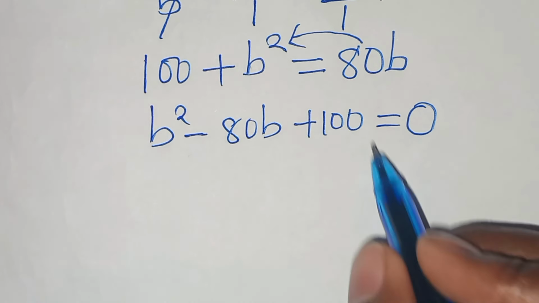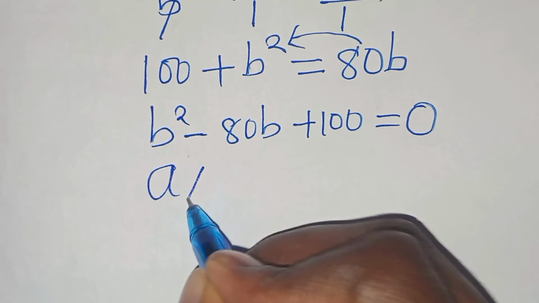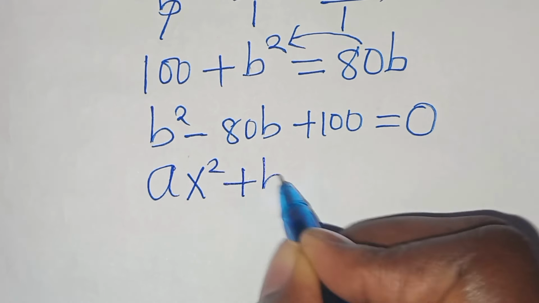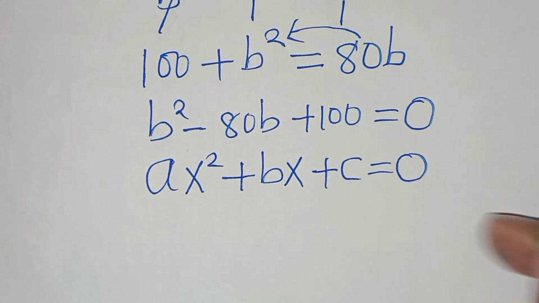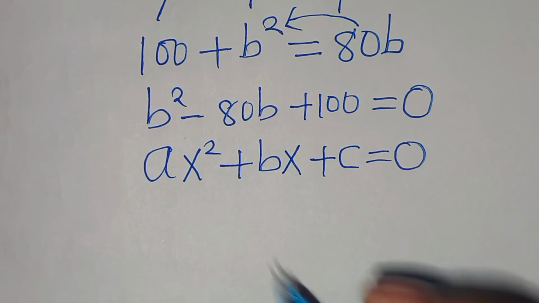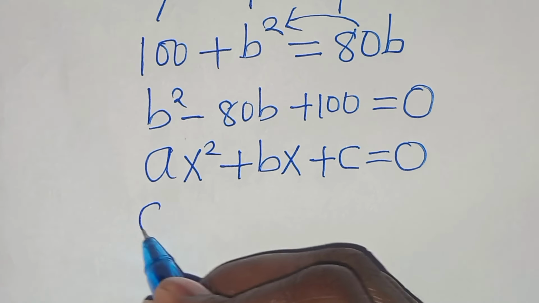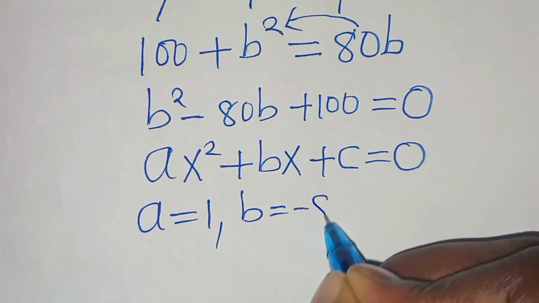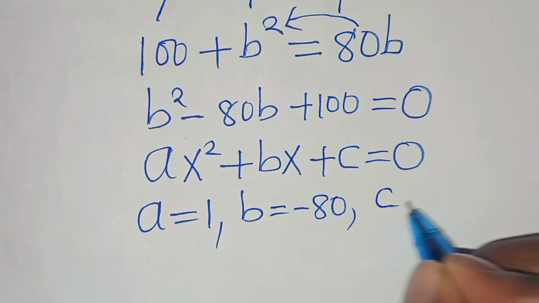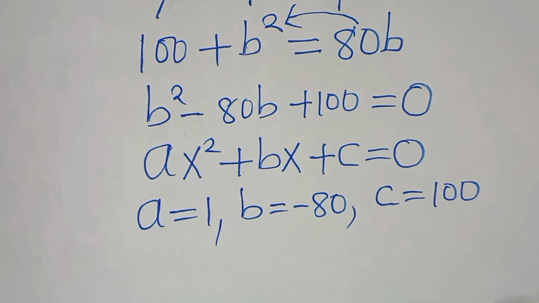This is a quadratic equation of the form ax squared plus bx plus c, equal to 0. From this quadratic equation here, we have that a is equal to 1, b is equal to minus 80, and c is equal to 100.